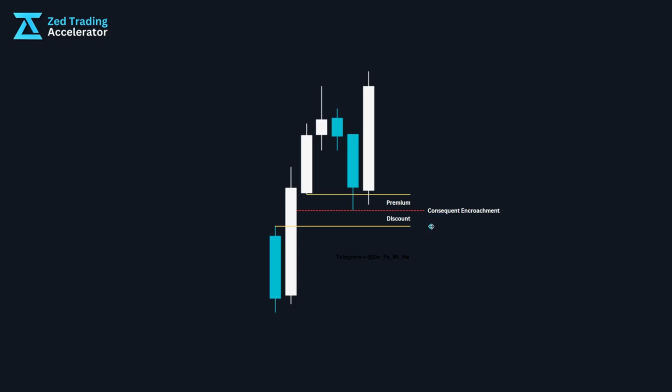We'll just call it midpoint. So our first line of defense is this upper part of the fair value gap. Our second line of defense is the midpoint of the fair value gap. Our last line of defense is the last part of the fair value gap. Alright?